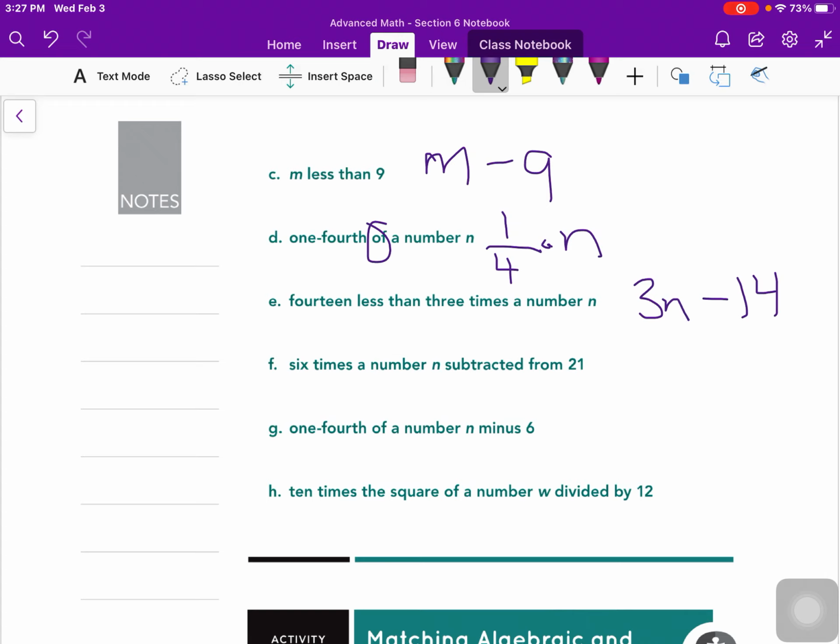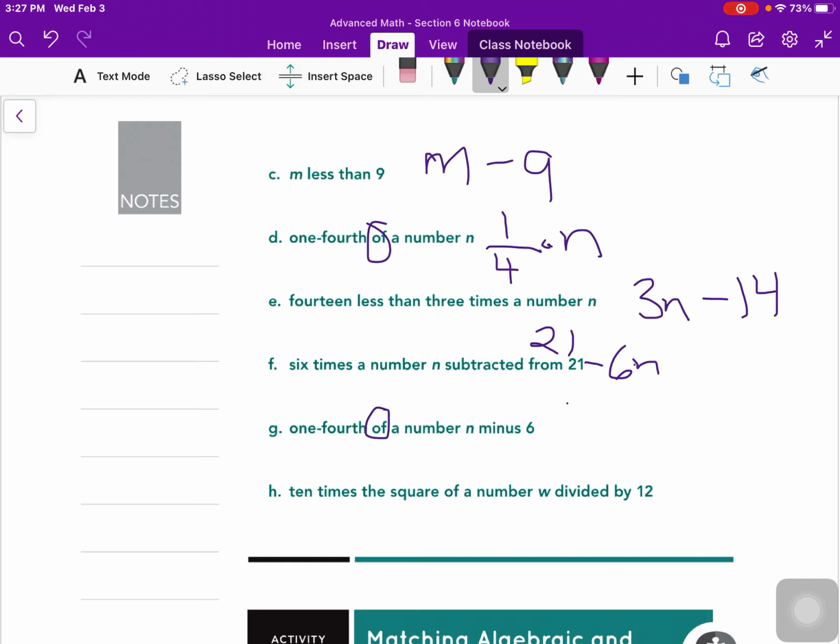I'm going to write them right next to each other like that. 6 times a number n, so 6n subtracted from 21. So that means subtracted from, that means 21 has to come first.